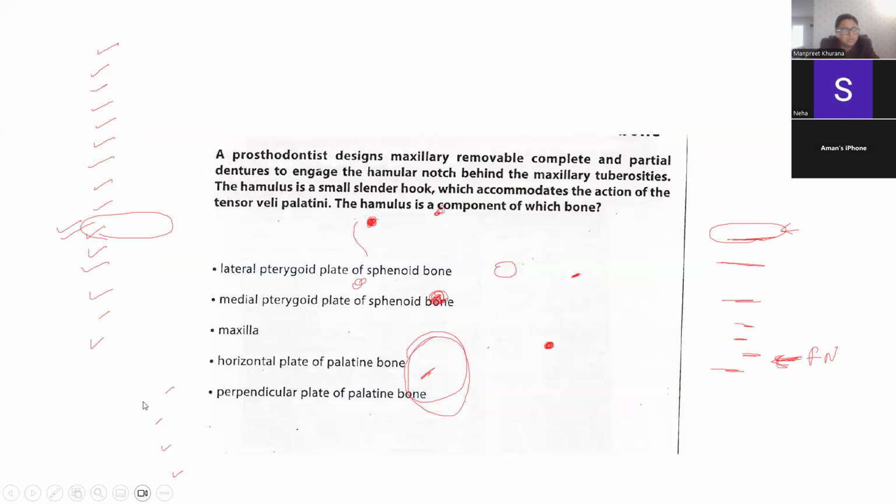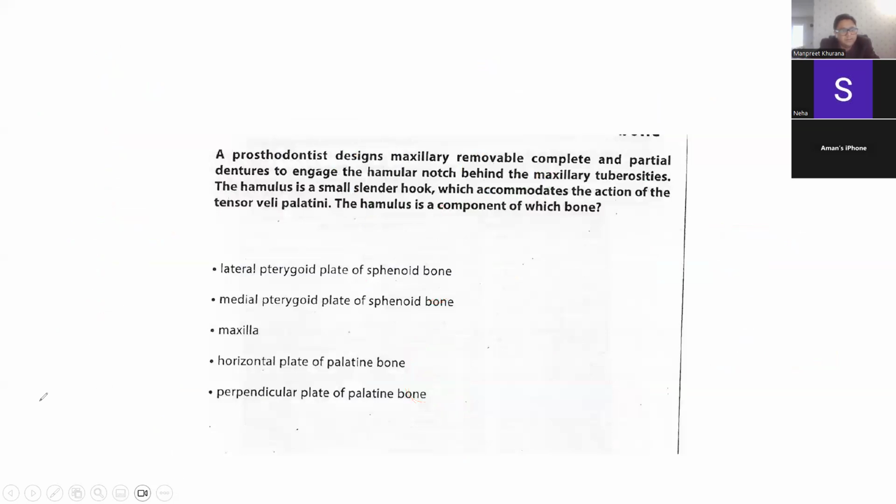Let me see how to undo this. Annotations. Yeah, good. Okay, now read this question. This question is for both of you. I want you to answer one by one.